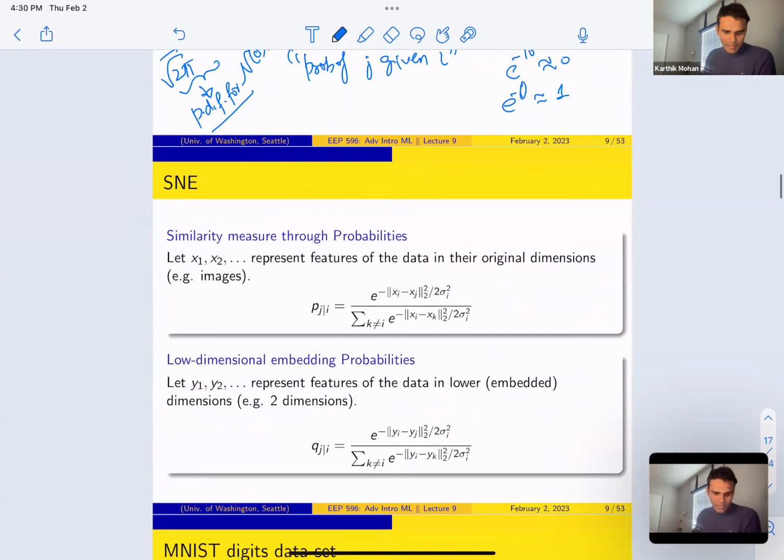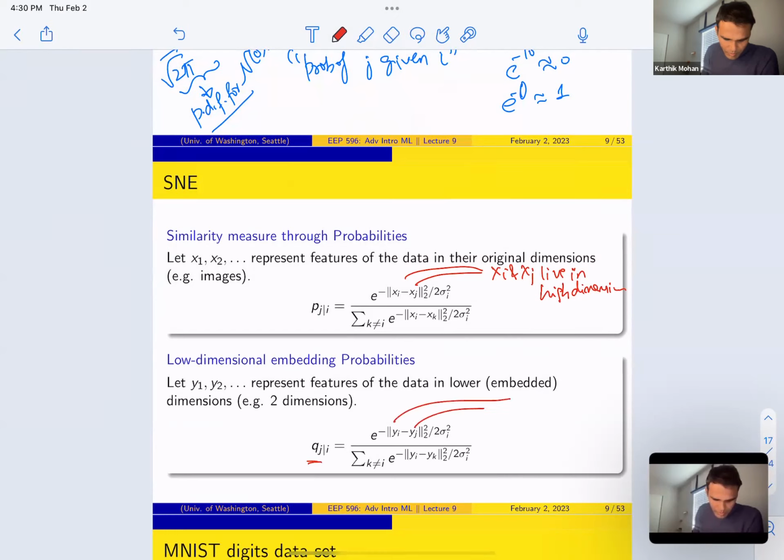What the stochastic neighborhood embedding does is this: the similarity is defined on these x_i and x_j, which live in probably high dimensions. They don't have to be in a small dimension. But then you define something Q, which is another distribution, where y_i and y_j are in 2 dimensions.